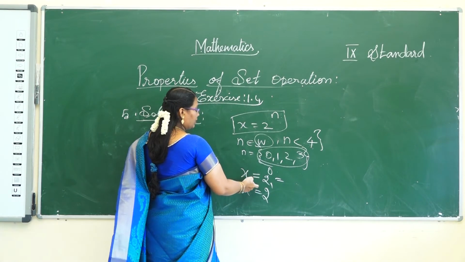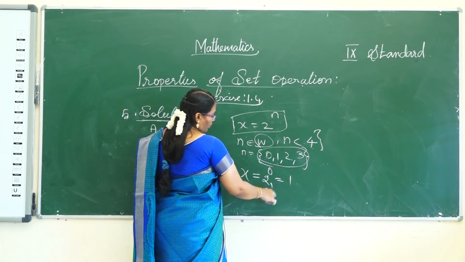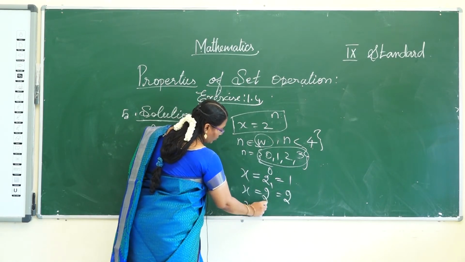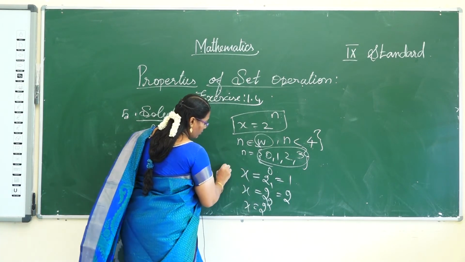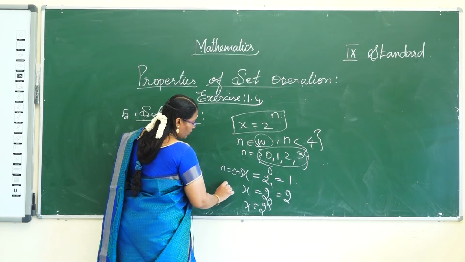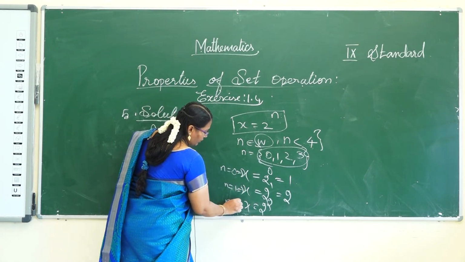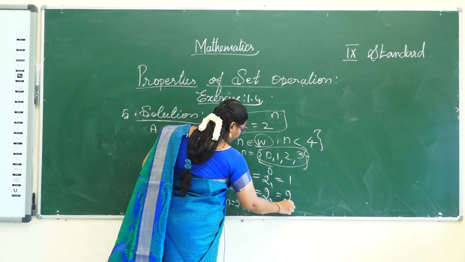So x equal to 2 power 0 is equal to 1, because anything power 0 is 1. 2 power 1 is 2. And the next element, 2 power 2. Substitute the n value: n equal to 0, n equal to 1, and n equal to 2. So x equal to 2 power 2 is equal to 4.